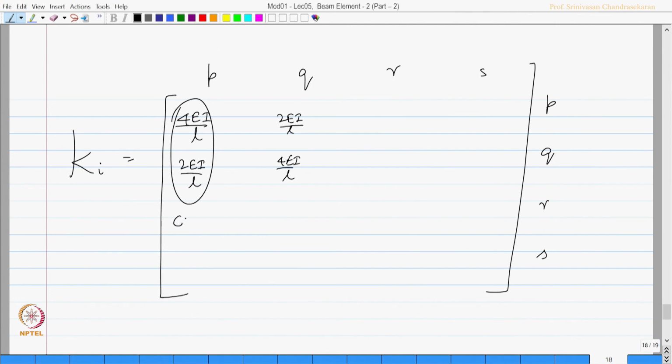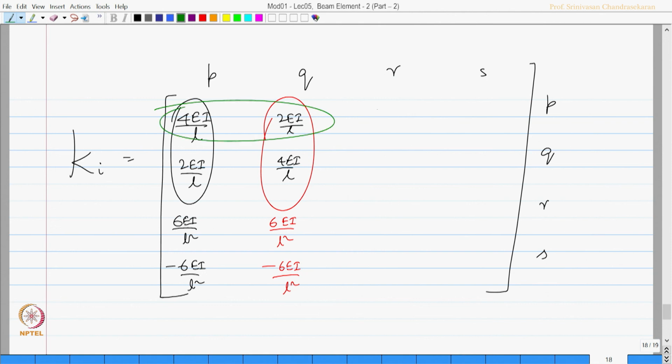So, 6EI by L square, this is negative 6EI by L square. This value will be sum of these two by L again. So, 6EI by L square, and this is negative of that value 6EI by L square. This value will be sum of these two by L again. So, 6EI by L square, this will be sum of these two, which is 6EI by L square.